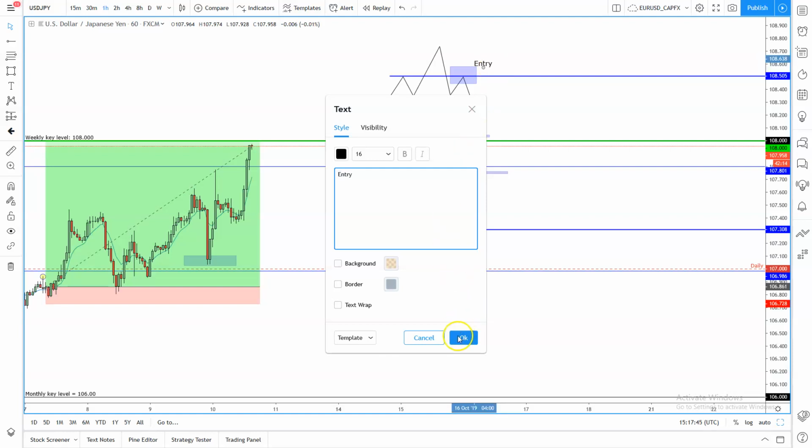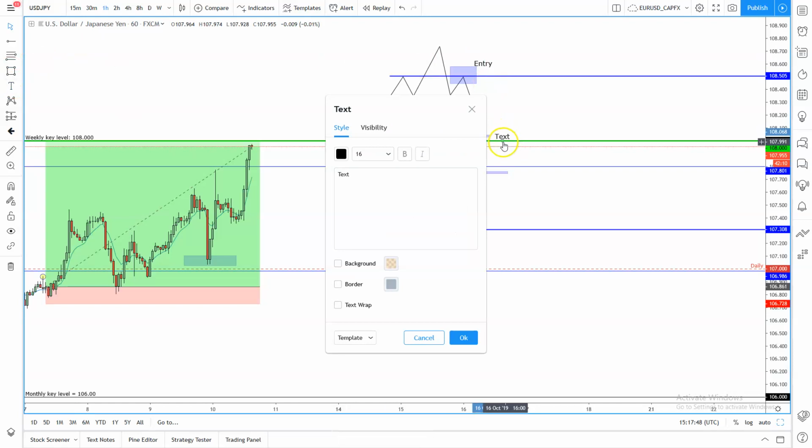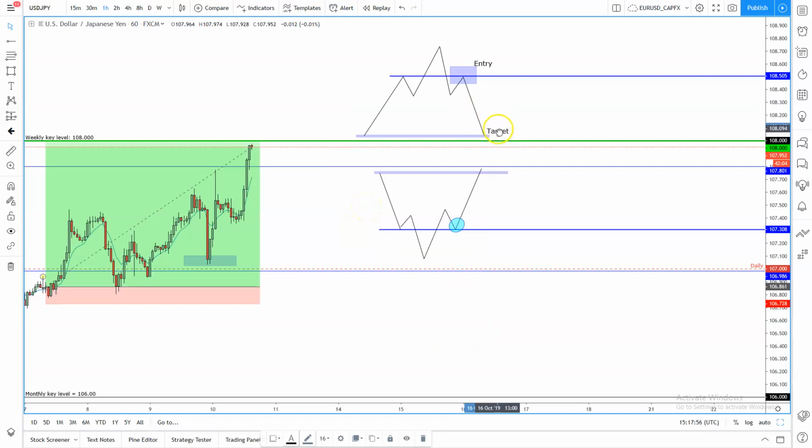So that's entry, and then target here at the bottom. That's a target there at the bottom, right? In the same way, it applies for an inverse head and shoulder pattern. So entry here, and then target up here. So that's basically what a head and shoulder pattern looks like, right?